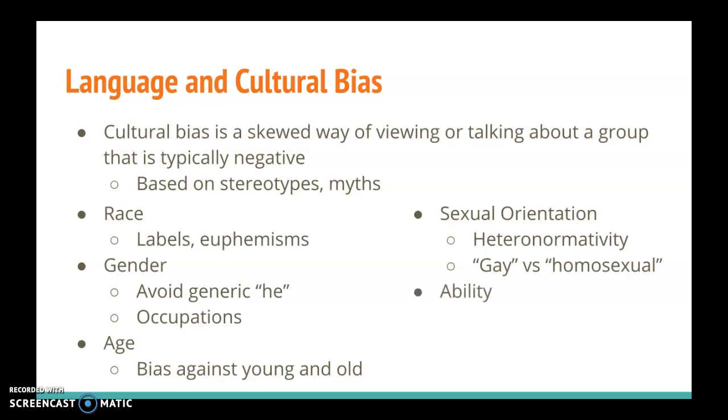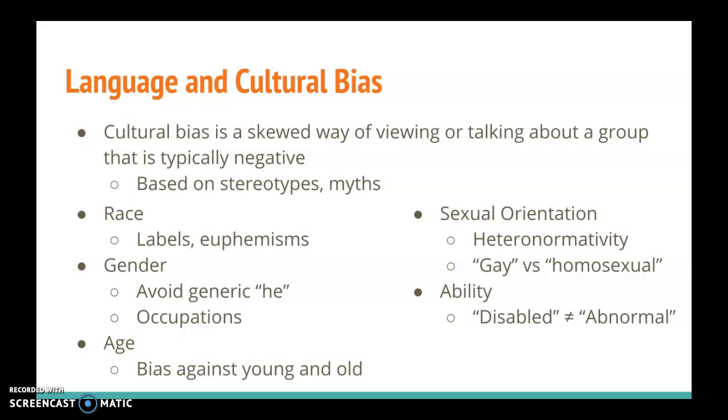Finally, the last cultural group that we're going to talk about is ability. People with disabilities make up a really diverse group that has increasingly become viewed as a cultural or social identity group. A lot of the time, the bias that creeps in here is that people with disabilities are compared to quote unquote normal people, which implies that there is an agreed upon definition of what normal is and implies that people with disabilities are abnormal in some way.